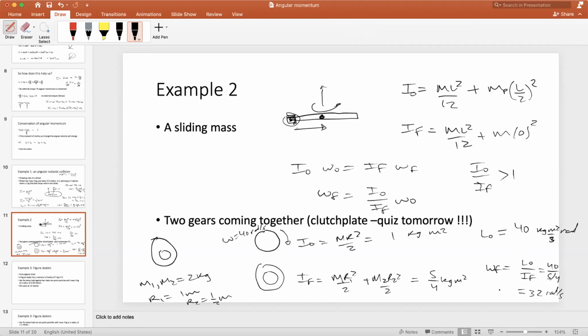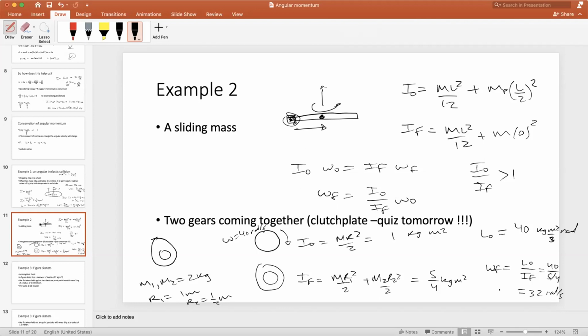Think about what that did. By having one gear spinning, like in the transmission of your car, which makes your car wheels turn, if you can suddenly add another plate to it that has greater mass, you increase the moment of inertia of the wheel that's spinning, and you decrease the speed of the wheel really easily, really quickly. This problem is, I believe, in your book. If it's not, you can look it up.